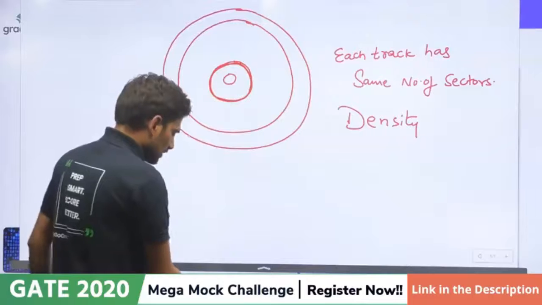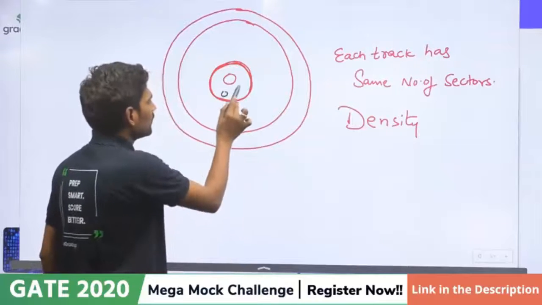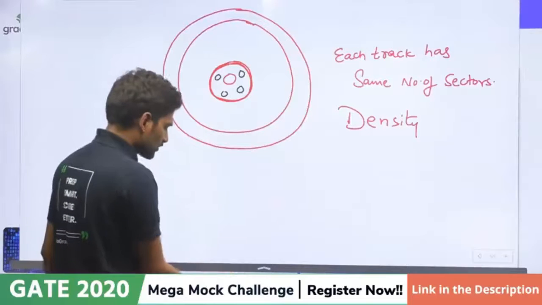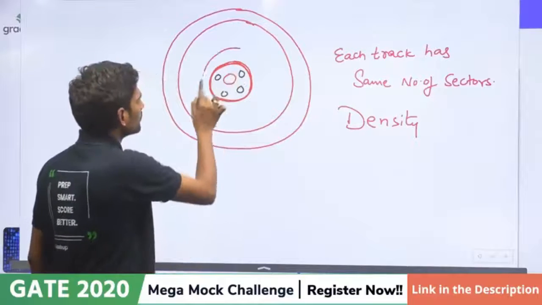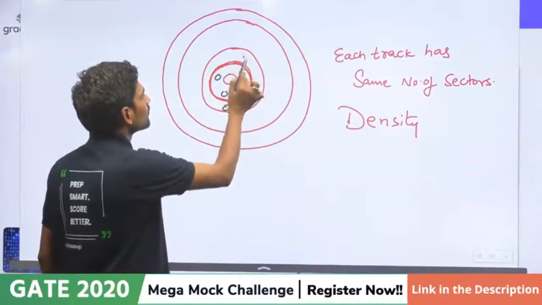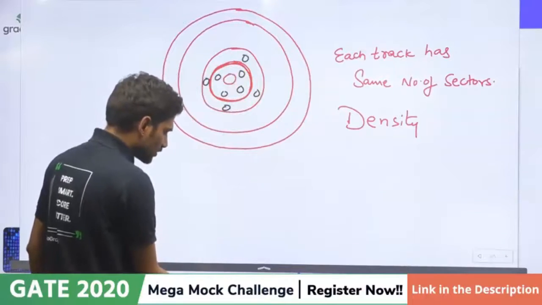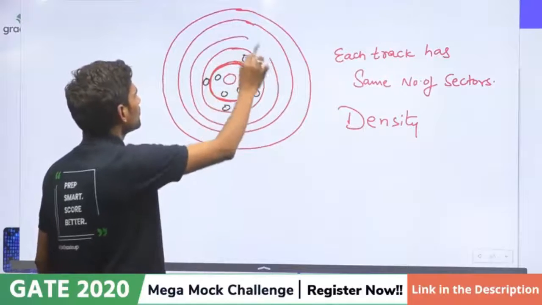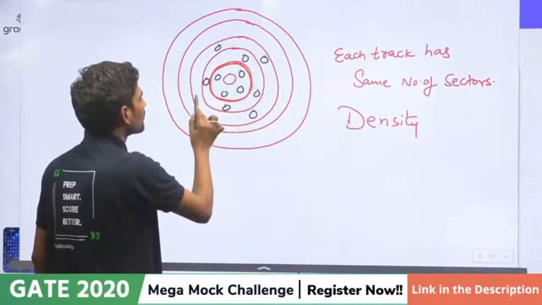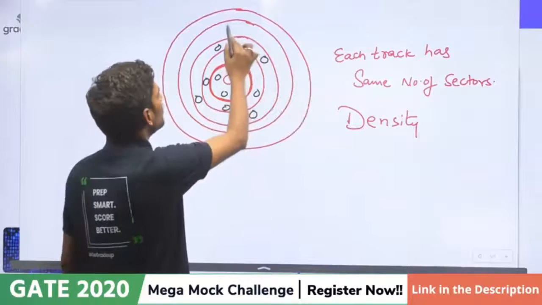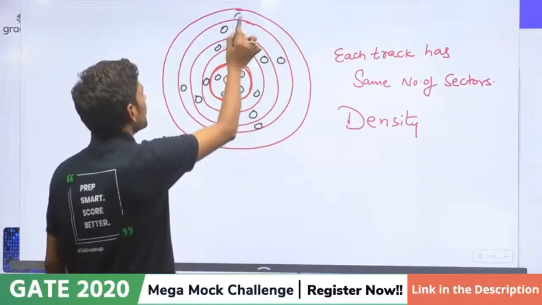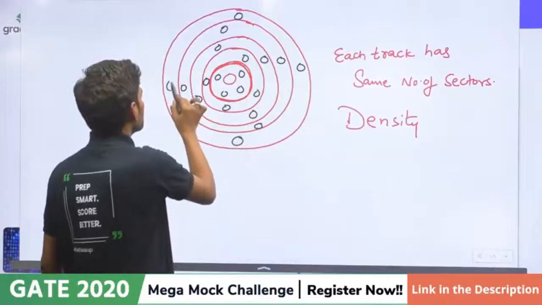Let's say the innermost track has 4 sectors. The next track will also have 4 sectors. The next track also will have 4 sectors. Please observe this. The next one also will have 4 sectors.